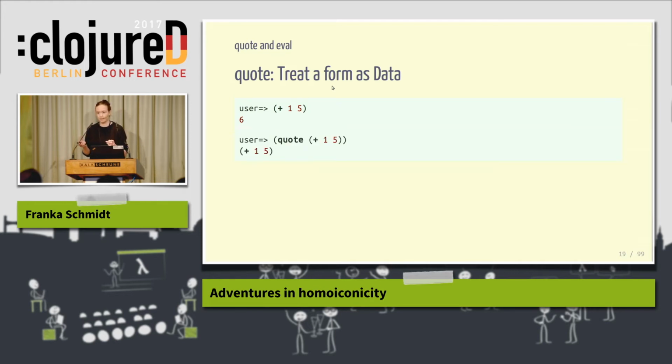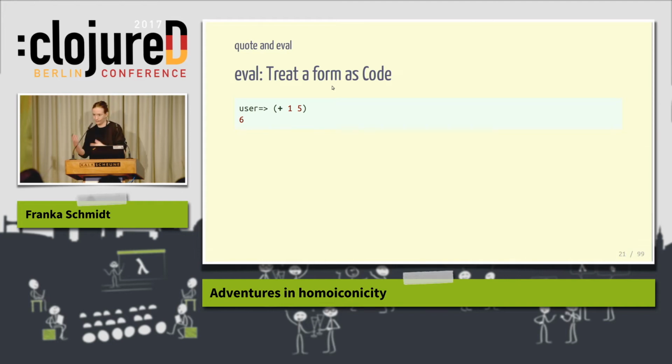But when you call the quote function on it first, it will return to you the form that you gave it. In that case, it was treated as data, which means that we don't manipulate it like we would, for example, with a primitive data type, like if you would type a string into the REPL, it would just give you back the same string. A shortcut for quote is the single quote that you will see me using throughout this presentation.